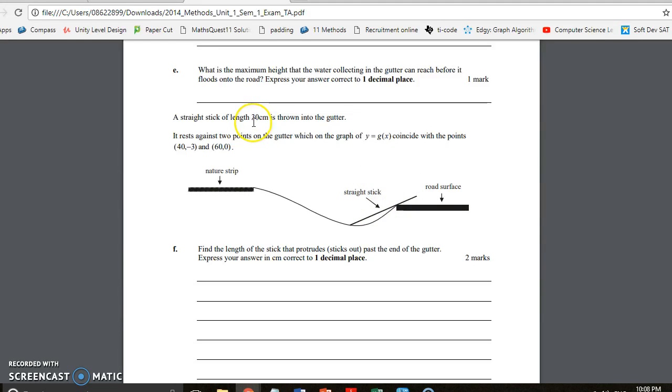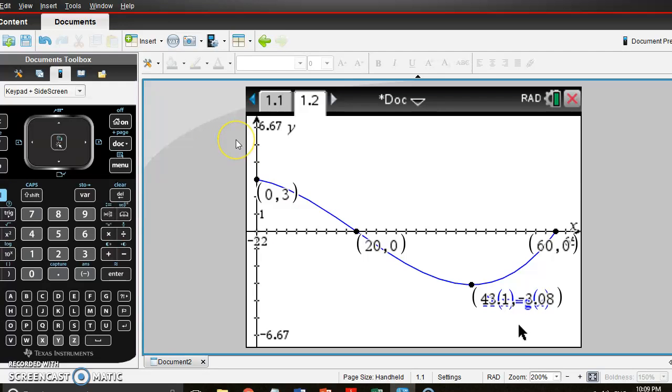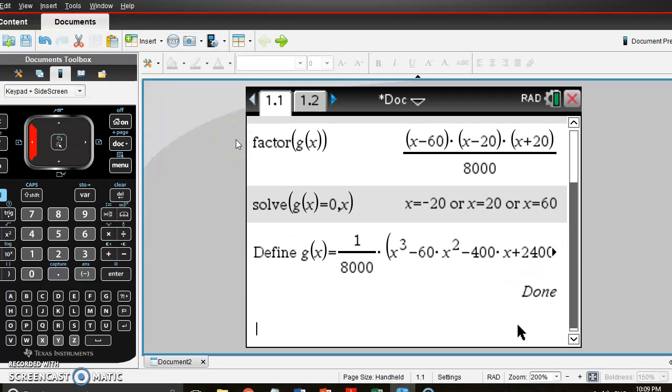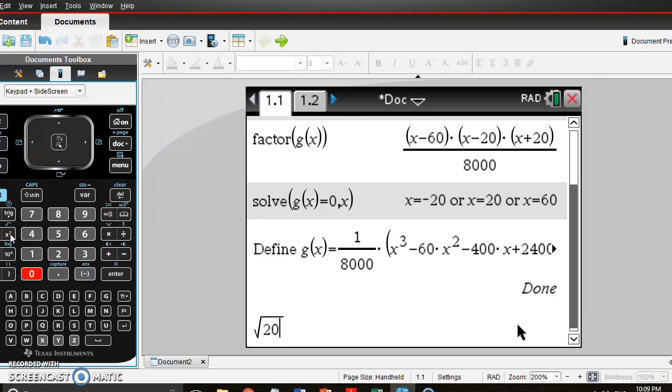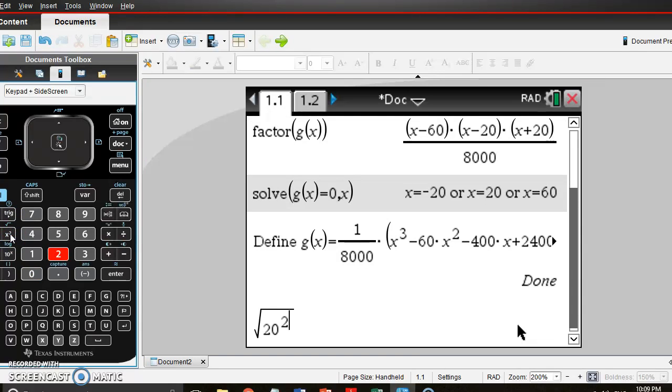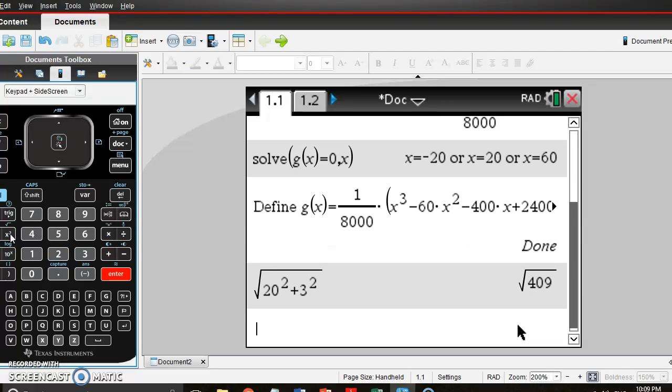So it's 30 centimeters, and it rests at 40 and negative 3, and 60 and 0. We've got to work out the distance between here and here. That's just Pythagoras. 40 to 60 is 20, and we're up to 3. So I'm going to find the square root of 20 squared plus 3 squared, the square root of 409.